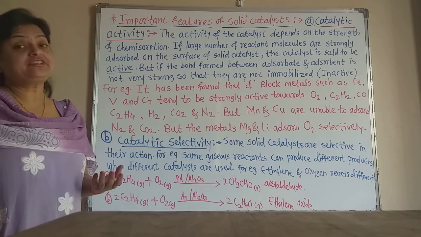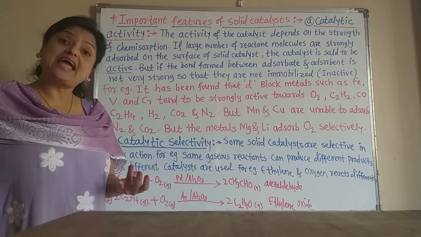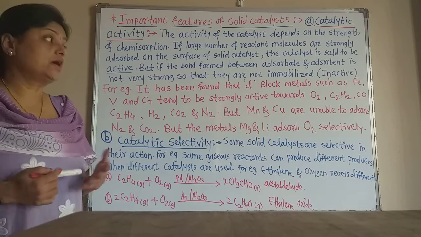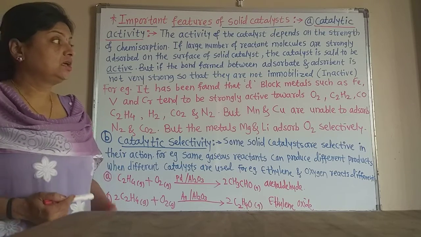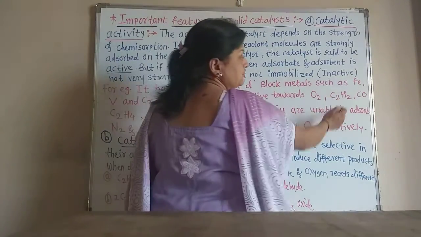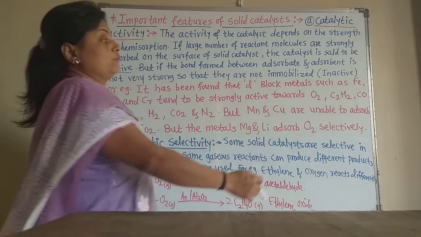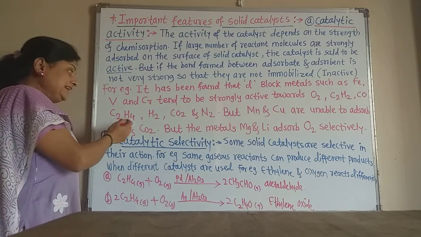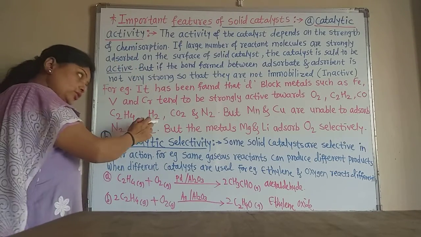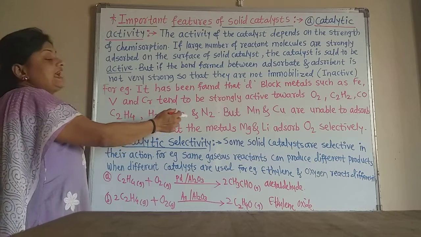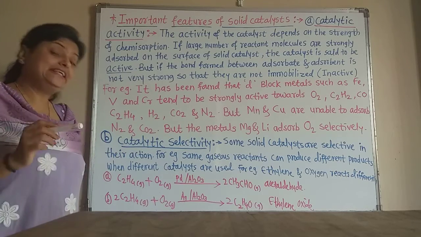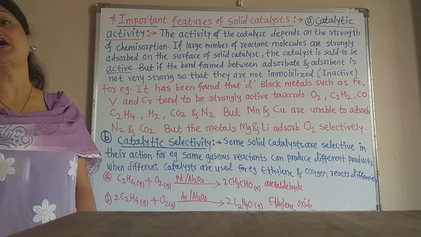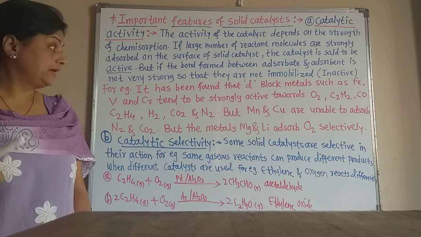These catalysts, vanadium, iron and chromium, are strongly active towards oxygen, acetylene (C2H2), carbon monoxide, ethene, hydrogen, carbon dioxide and nitrogen.